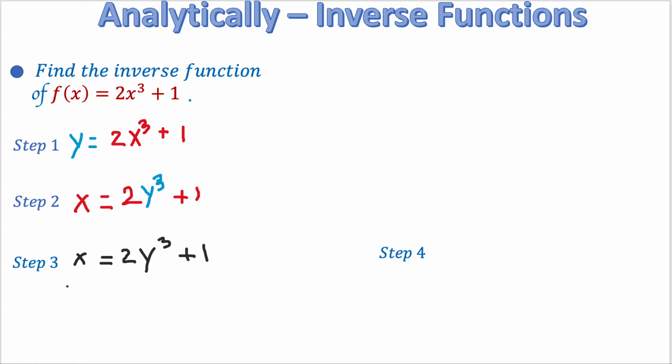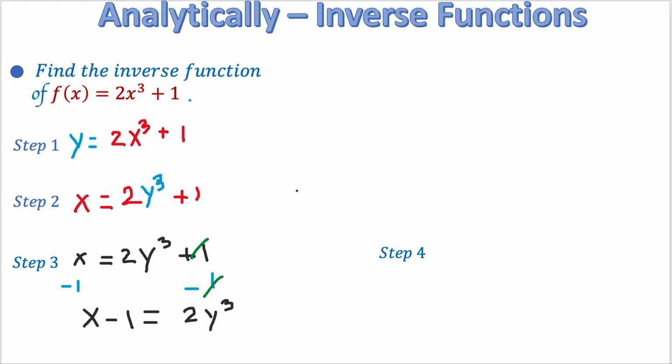If I'm solving for y, in both sides I'm going to subtract 1. Because both sides is minus 1, I'm going to cancel those plus 1 and minus 1. And then next step is going to be x minus 1 is equal with a 2y cubic, because in the other side remains just a 2y cubic.